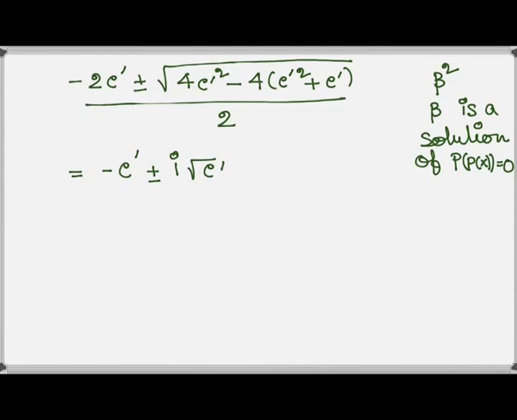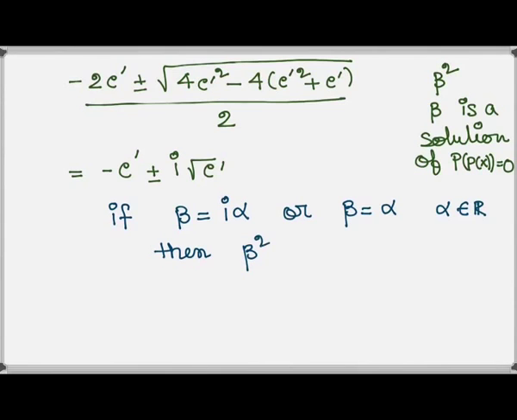So we see that solutions of p(p(x)) is equal to 0 are neither real nor purely imaginary, because if beta is of the form say i alpha or beta is of the form alpha, where alpha is real, then we get beta square is equal to minus alpha square or beta square is equal to alpha square.